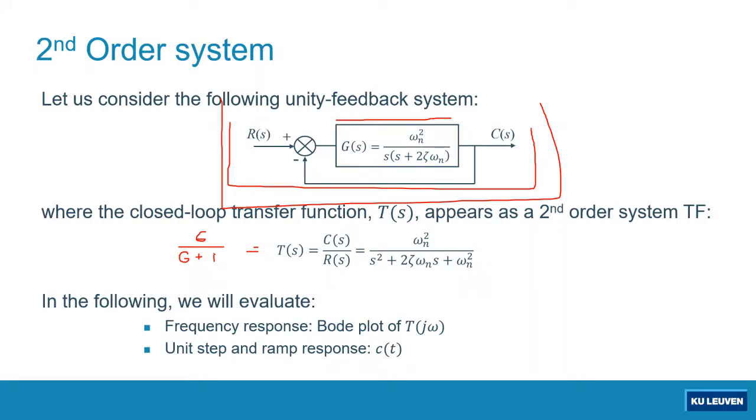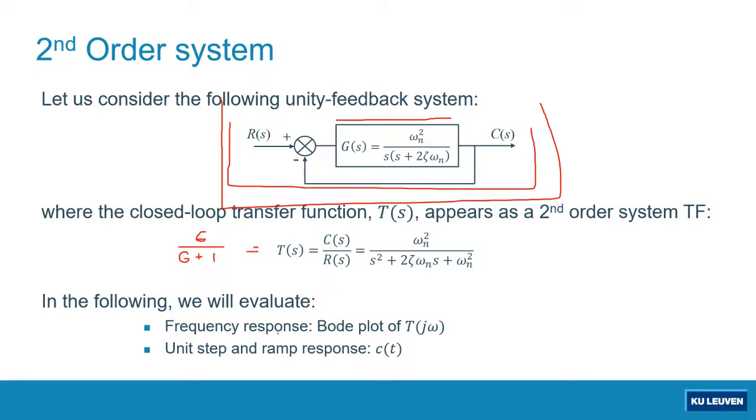So in this unity feedback system, we have a simple second order transfer function. In particular, let's consider a second order system where the DC gain is equal to 1.